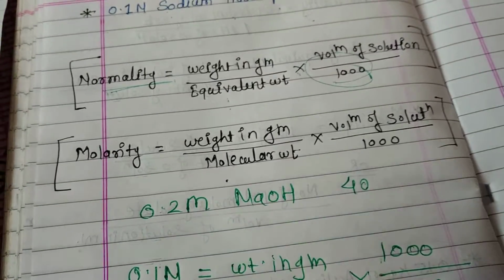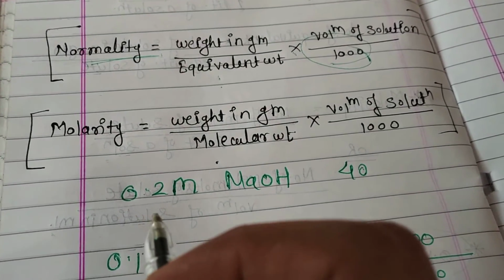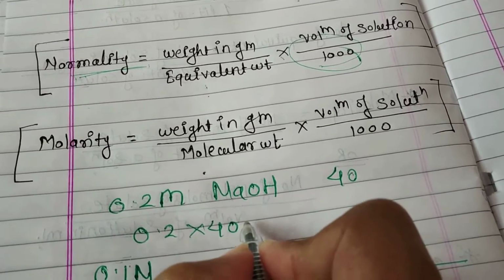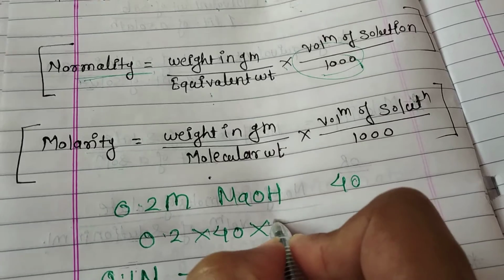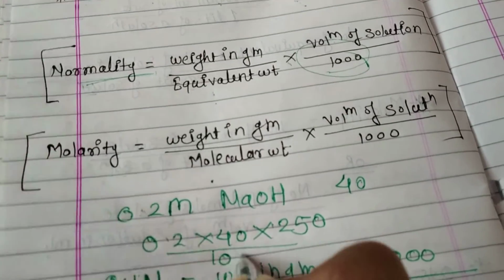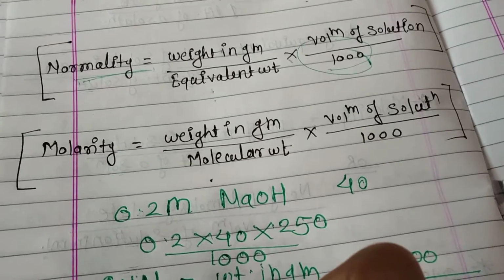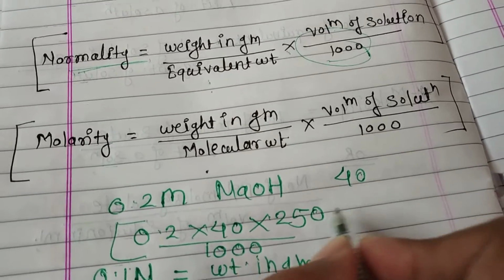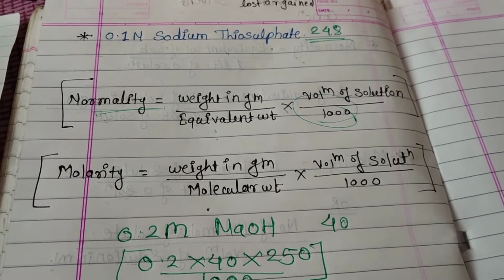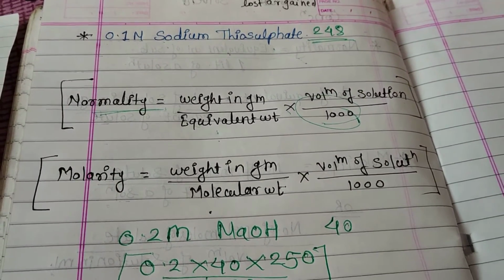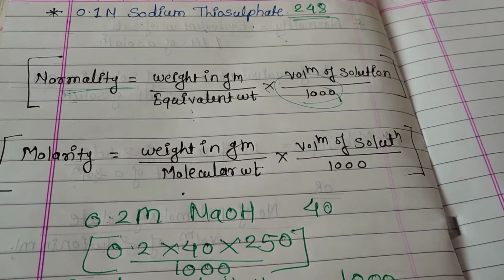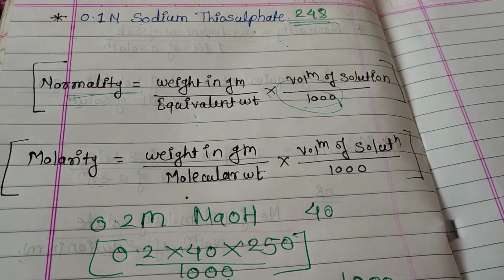So we have to add these terms, that is 0.2 into 40. Suppose we have to prepare 250 ml, that is the volume, divided by our standard volume, that is 1000 ml. When we calculate these things, we get the weight in gram of NaOH. That we have to dissolve to 250 ml in a volumetric flask. So this is a simple method for preparation of any solution.